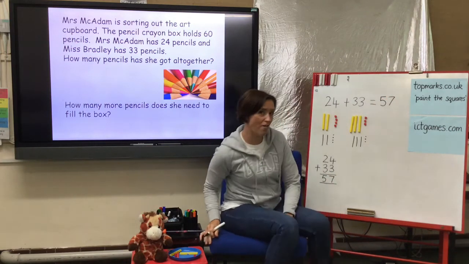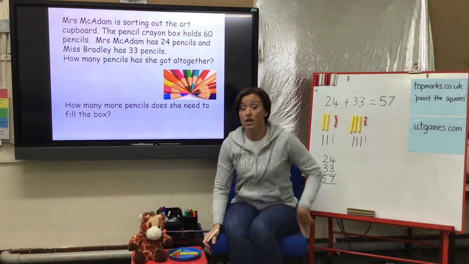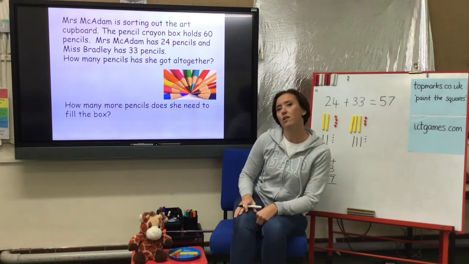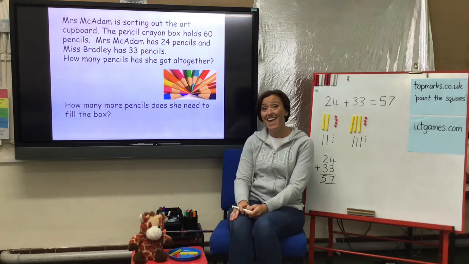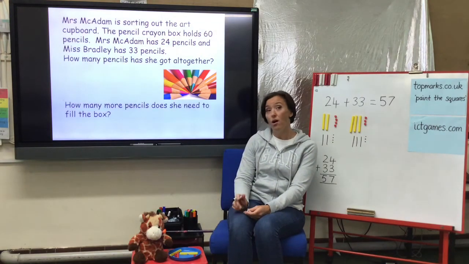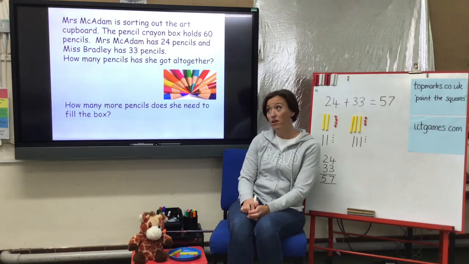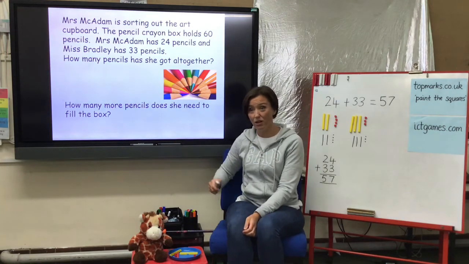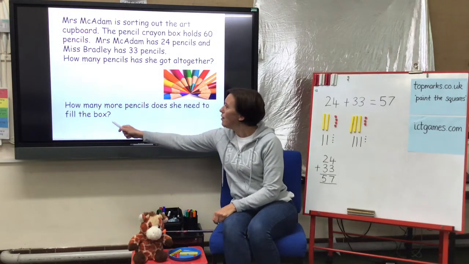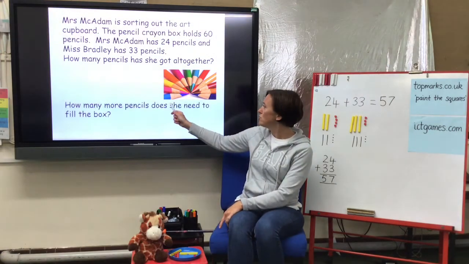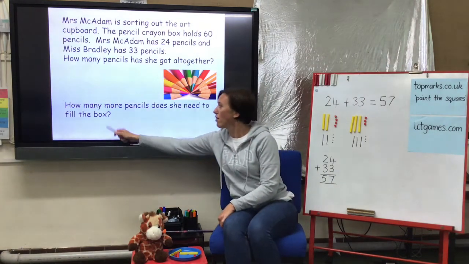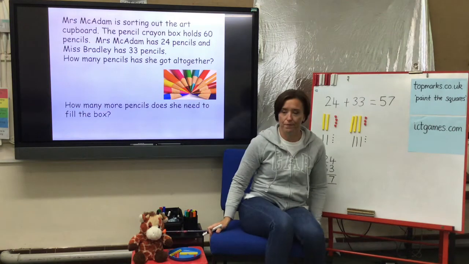Now, if you remember, that third point on our little checklist of what to look out for in a word problem said, is there more than one step? Well, actually, there is another step to this problem. There's another question that says, how many more pencils does she need to fill the box? Wow.